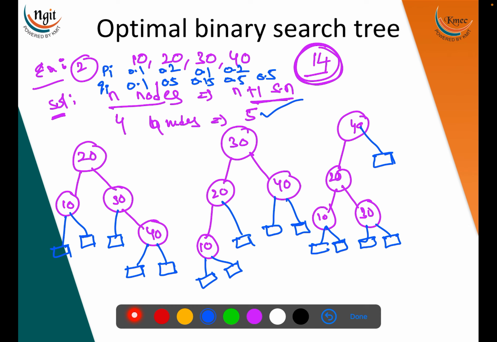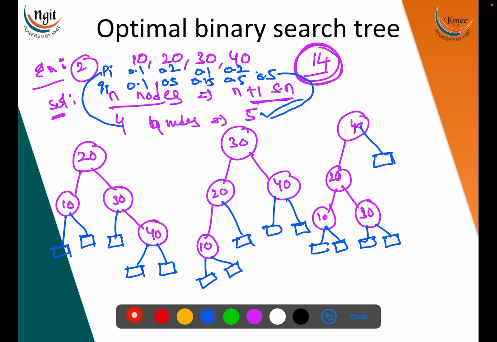Now you may ask why I have taken the successful probability P as 4 and the unsuccessful probability as 5. It is respective to the nodes. Pi indicates the probability for successful nodes. How many successful nodes do you have? 4. Q represents the unsuccessful probability. How many nodes do you have? 5. So it is respective to the number of nodes available.